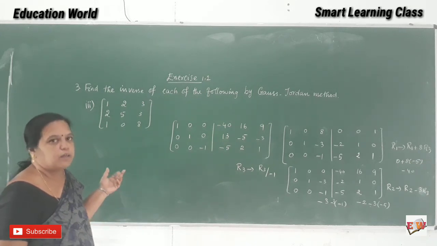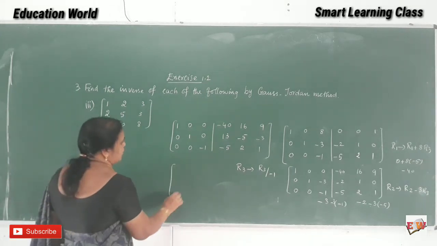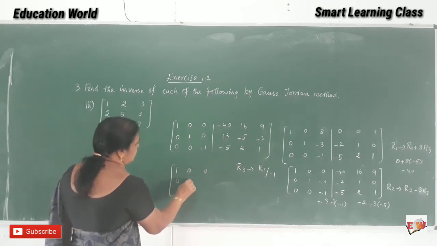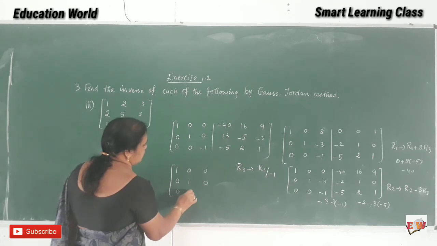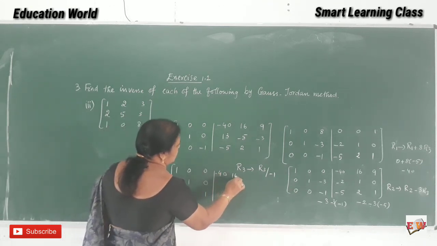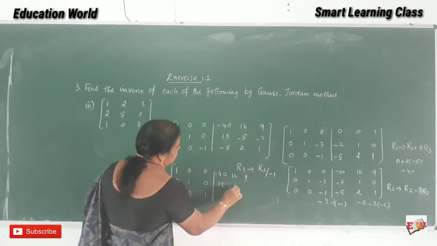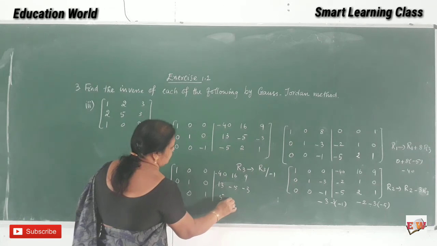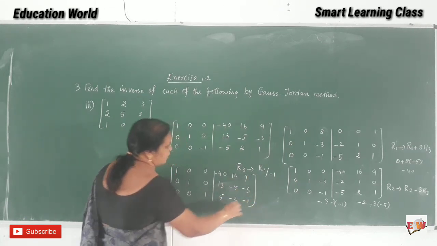We can do elementary row operations here, only for the row. Suppose I multiply by minus 1: 1, 0, 0, 0, 1, 0, 0, 0, 1. Here minus 40, 16, 9, 13, minus 5, minus 3. R3: 5, minus 2, minus 1.